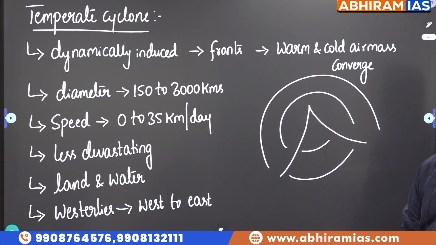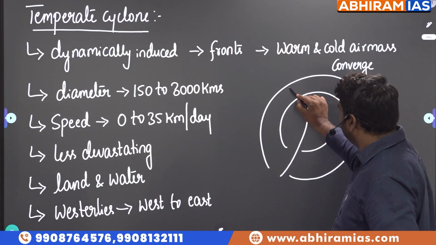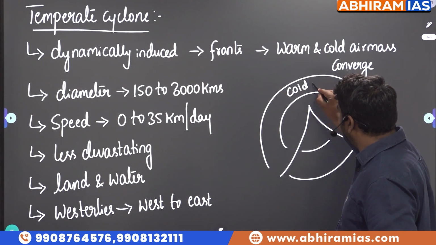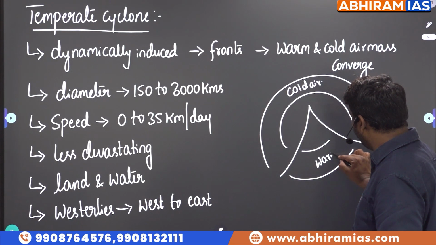Inverted V shape is the structure of temperate cyclones. Okay, so this will be the structure. Here you will have cold air. Here you will have warm air.